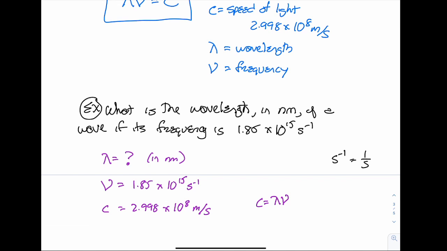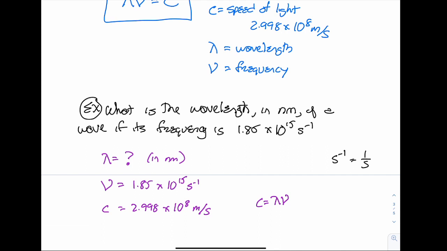So essentially, you just have to watch out for units. Because my frequency is given in terms of per second, I don't have to do anything with that. If it was given as hours to the -1 or weeks to the -1, I would have to convert it to per second because of the units on the speed of light. Alternatively, you could convert the units on the speed of light to match your frequency.